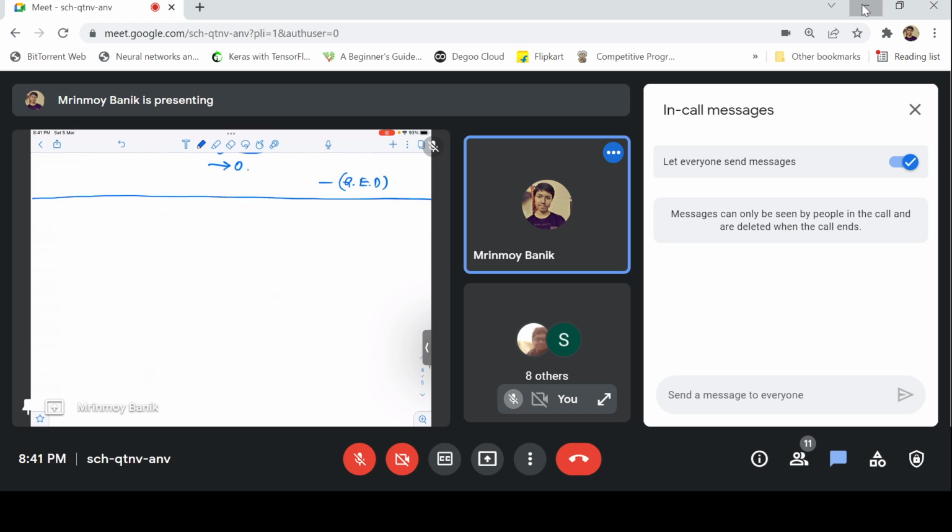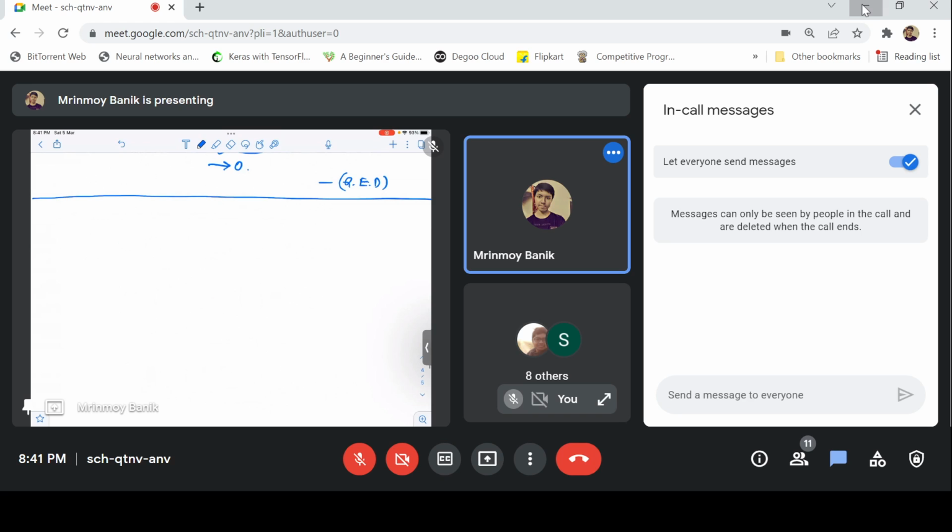So ln n plus 1 factorial minus ln n factorial equals ln n plus 1. So that's our first term.